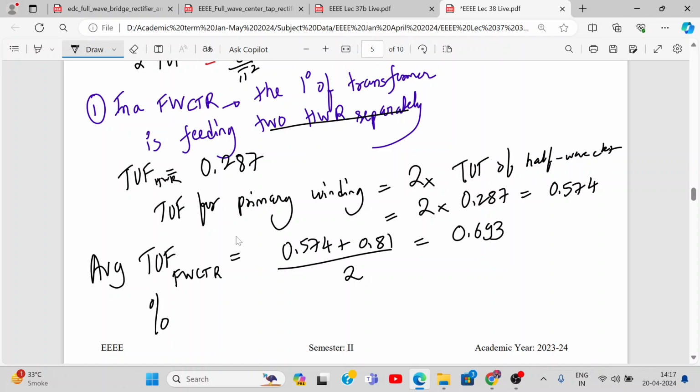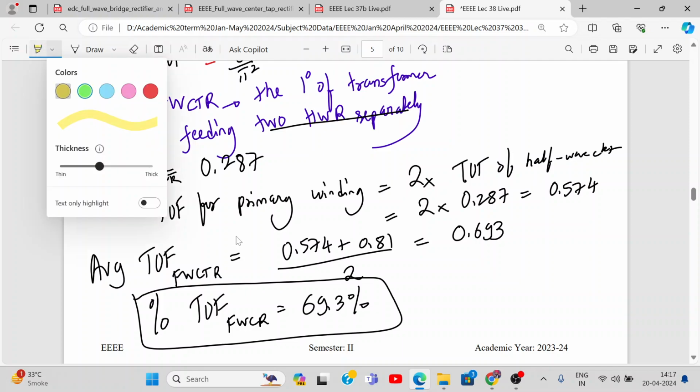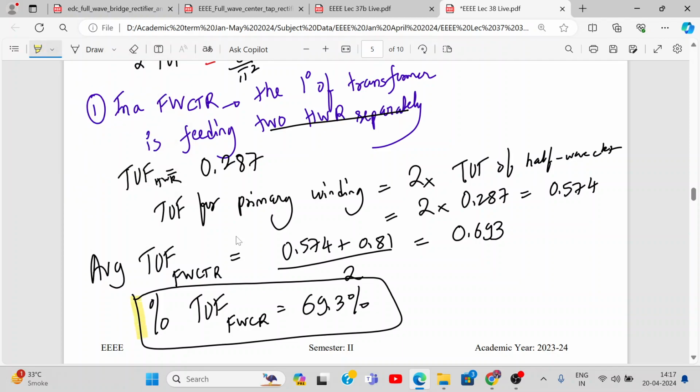Or percentage wise, TUF for a full wave center tap rectifier is 69.3%. That is what we have written, so please note it down quickly. The best rectifier with us is the bridge rectifier, which has the TUF rating of 81%. Here it is 0.69. I hope you are following this. Yes or no?